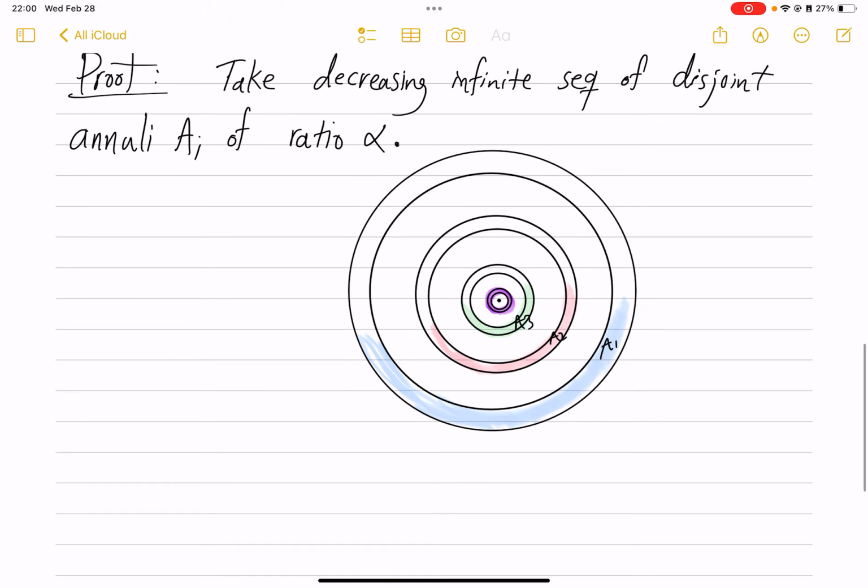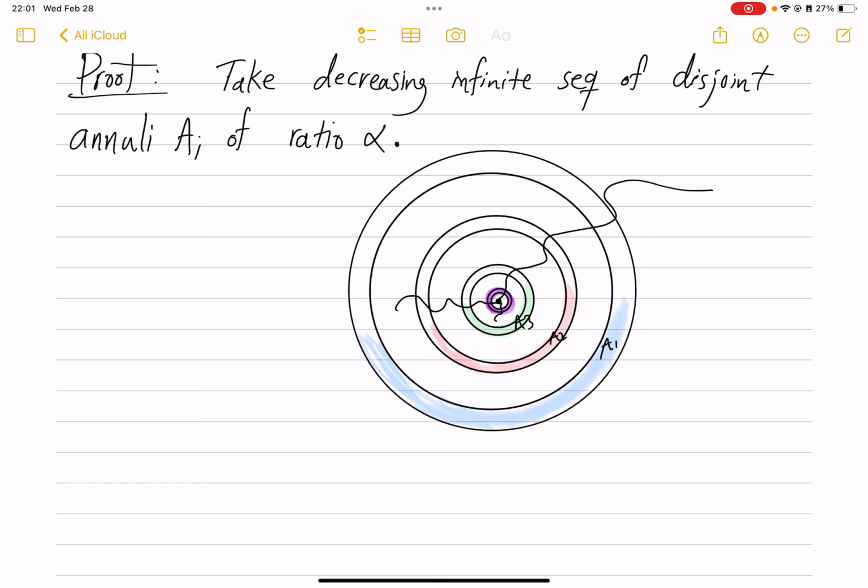Now I want to find an admissible function for paths hitting the origin. So some path may start from far out, some path may start very close to z naught, which are actually the more difficult paths to satisfy.